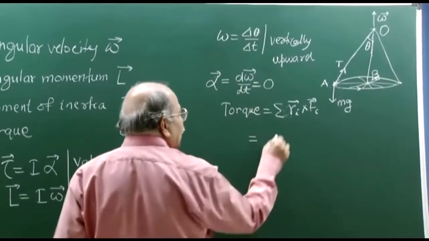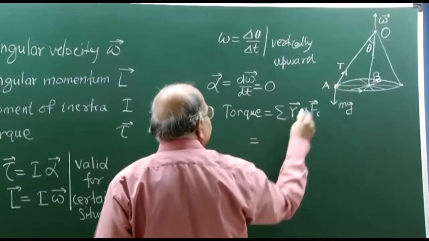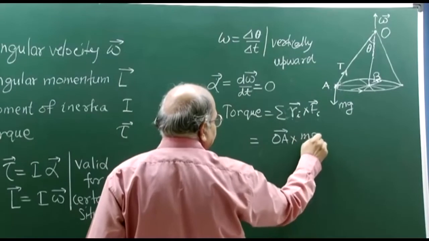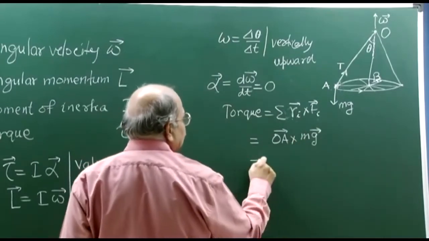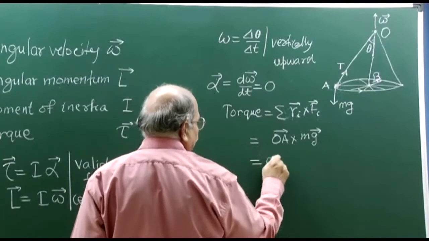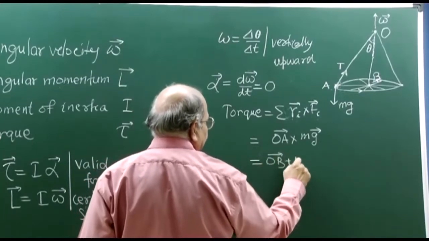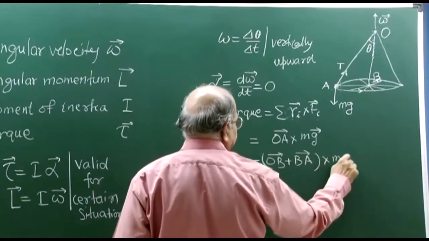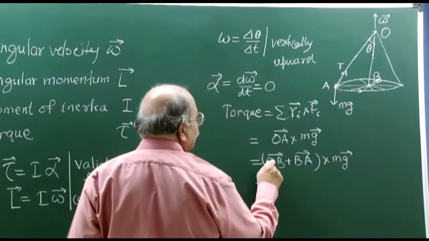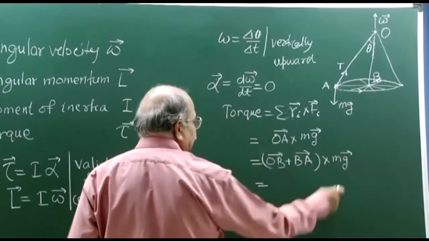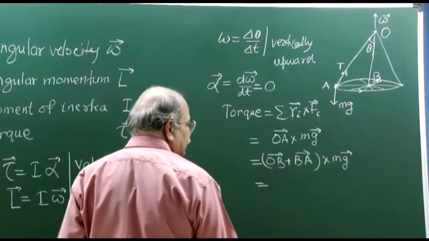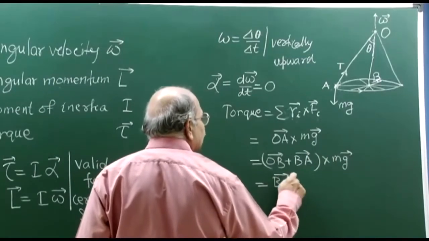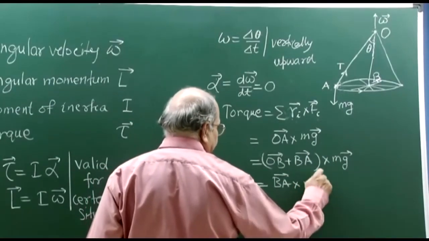So, Ri for this point is the OA vector cross the mg vector, and this OA you can write as OB plus BA, cross mg. Then OB is in the vertical direction, mg is also in the vertical direction, so that cross product will be 0, and it will be BA cross the mg vector.